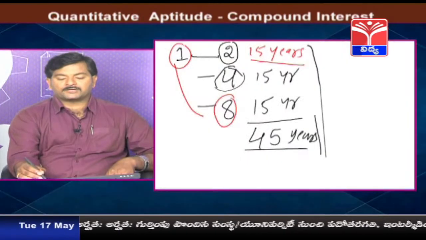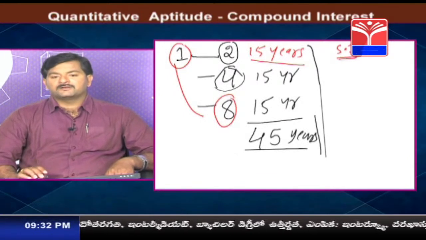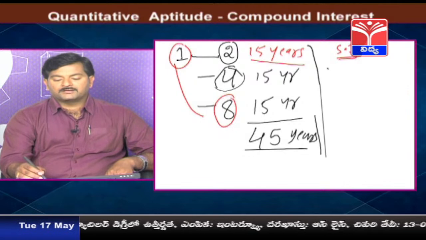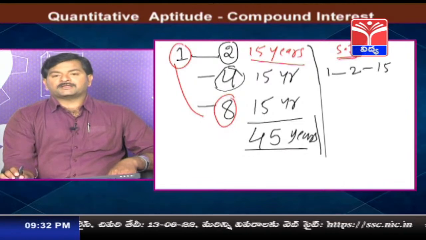I need to say one more point here. For example, if it were a question from simple interest, what would you do? Here the question is regarding only compound interest. But if it were simple interest, I borrow 1 rupee, it becomes 2 rupees in 15 years.